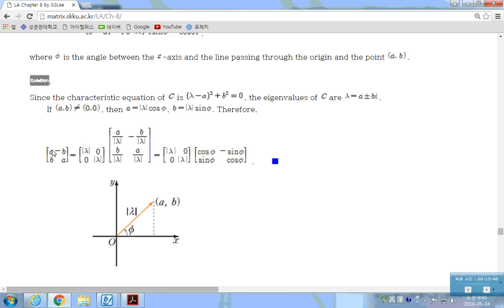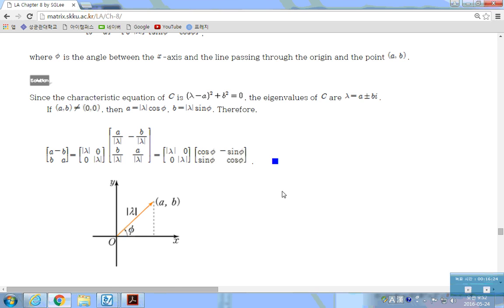One interesting thing is this. This matrix has two distinct eigenvalues. So this 2 by 2 matrix is always similar to a diagonal matrix whose diagonal entries are A plus BI and A minus BI, isn't it? So if you have eigenvalues which are complex conjugates, then you can always find a similar matrix which looks like this.